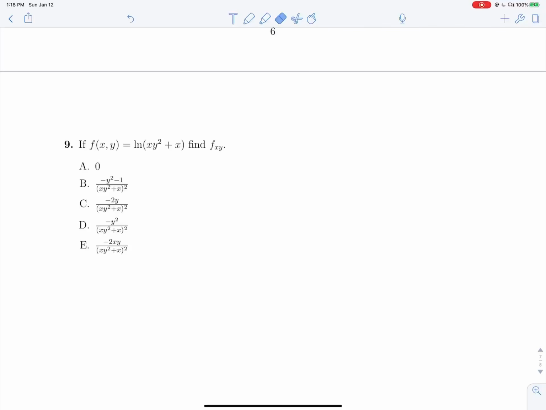So let's find fx first, and then we're going to find fxy. So fx is going to be 1 over xy squared plus x multiplied by 1 plus y squared. And fxy, well, we have a y on the top and the bottom, so we are going to need to apply, still don't know if that wording was correct, but you know what I mean, we're going to apply the quotient rule.